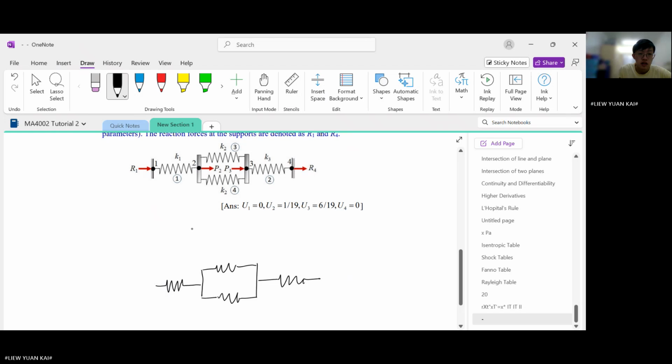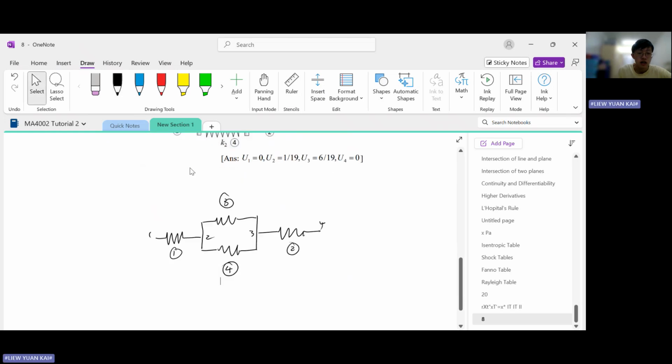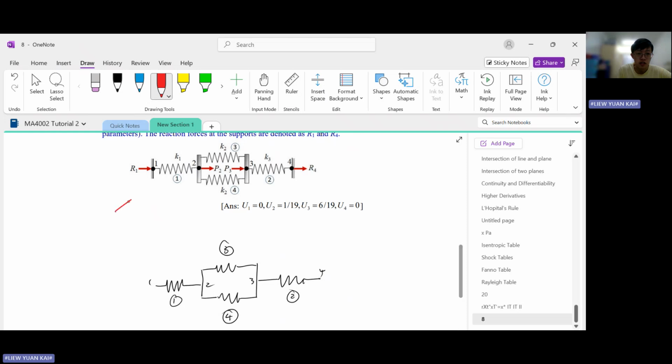Then this is 1, 2, 3, 4, and then this is element 1, 2, 3, and 4. So what's the difference between the structure that they give and the structure that I drew?